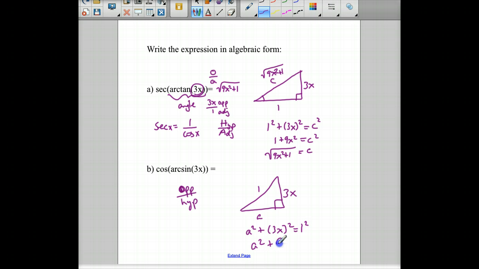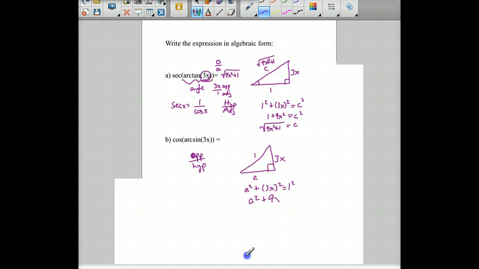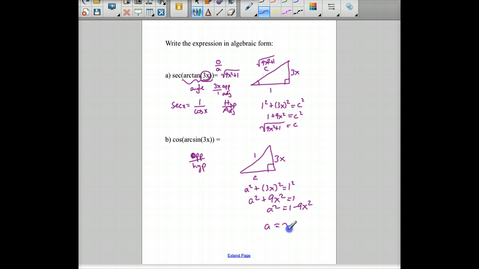So a squared plus 9x squared equals 1. A squared equals 1 minus 9x squared. So a is the square root of 1 minus 9x squared. So that's my angle. Arcsine is opposite over hypotenuse, and I want the cosine of that. So I need adjacent over hypotenuse. So that's going to equal the square root of 1 minus 9x squared over 1.